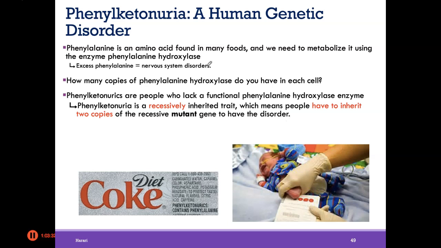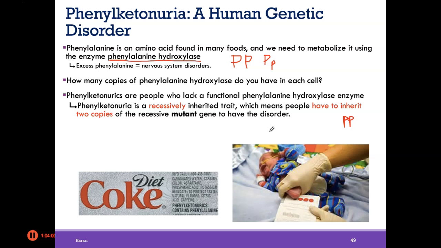For example, even having 1 copy of this enzyme, phenylalanine hydroxylase, say we'll call that big P, is enough to break down phenylalanine and be healthy. So whether you are big P, big P, or big P, little p, you can still break down phenylalanine and be just fine. Only if you're little p, homozygous recessive, do you not have 1 functional copy of this enzyme, so phenylalanine accumulates.